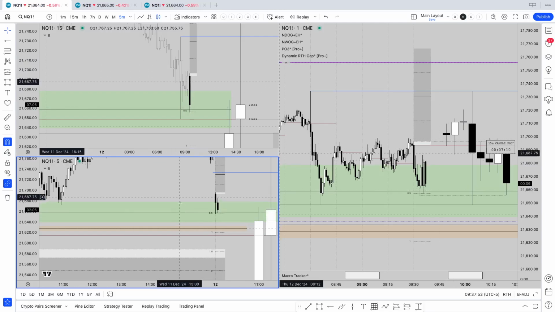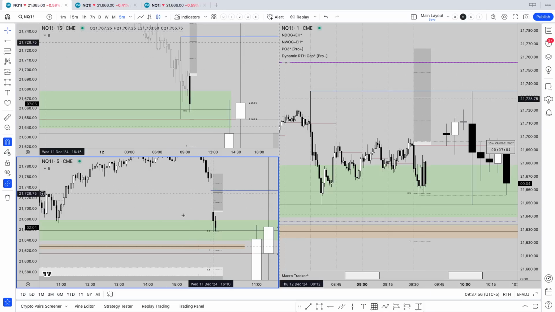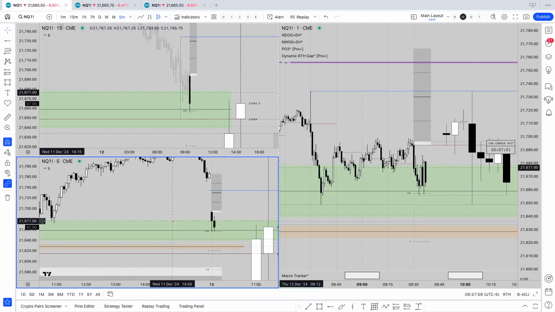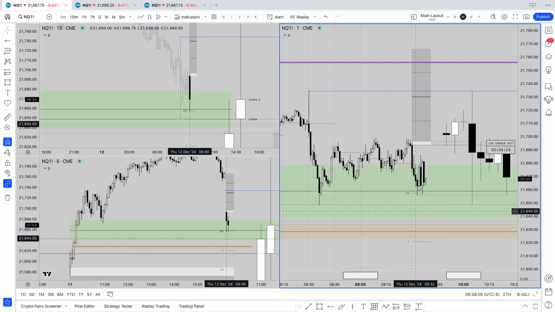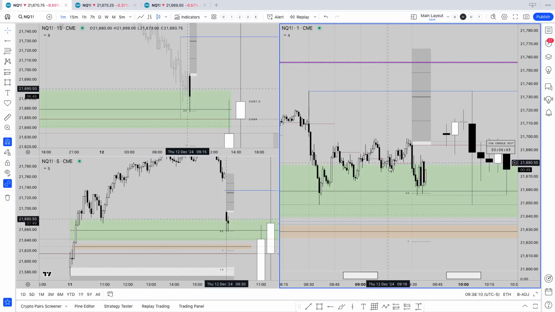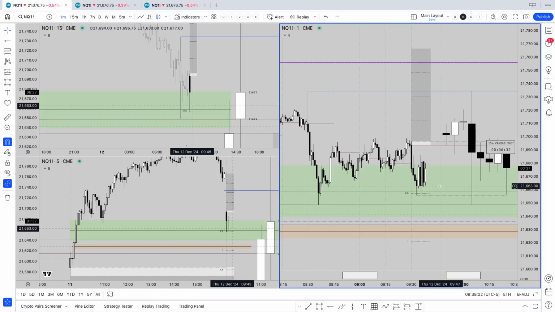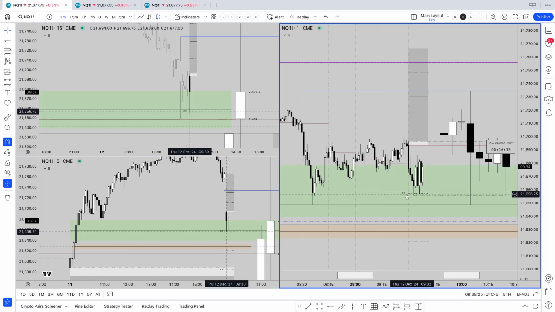Here I have only regular trading hours. I don't have overnight price action on this specific chart. And on the right side I have the 1 minute chart and the same elements. But I like to have the 15 minutes open and the macros below. In this way I can understand if I am premium or discount of the 15 minutes candle open.